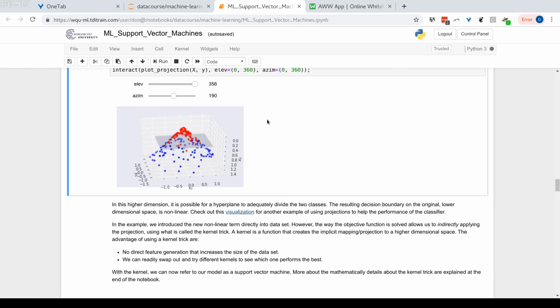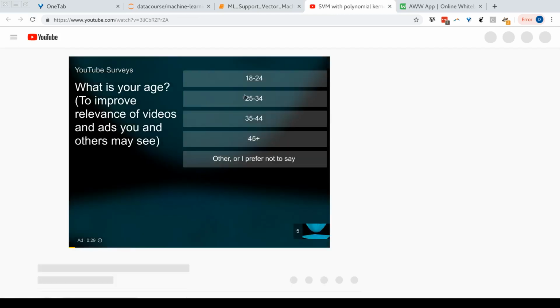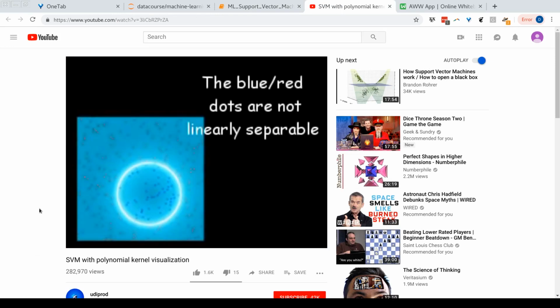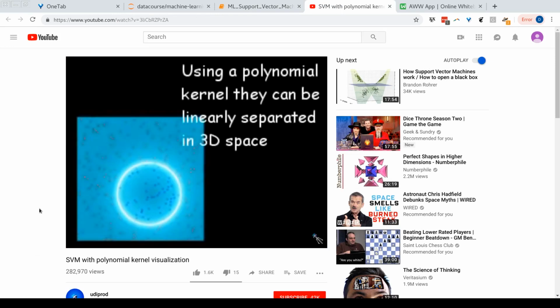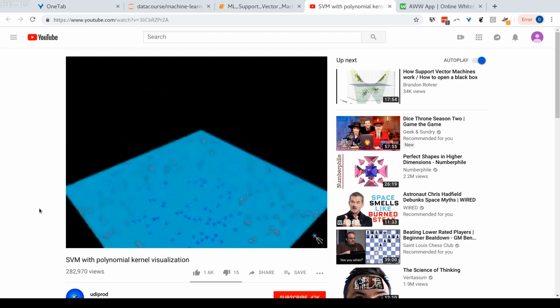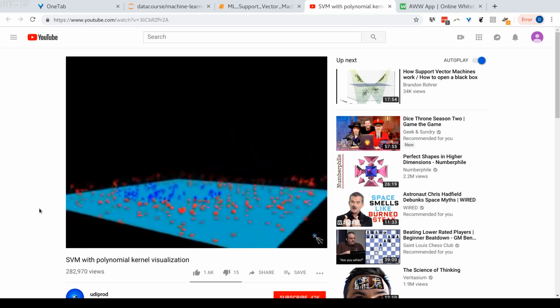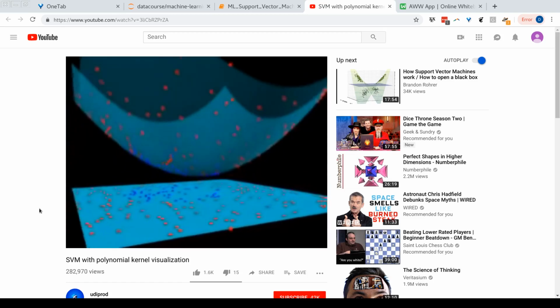We have here a link to a very similar visualization. I'll go ahead and play it for you. In this situation, we could draw a line, but it's going to do poorly. We want to have a circle as our decision boundary. So we project to a higher dimensional space.